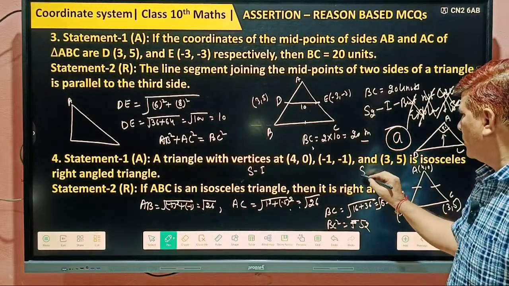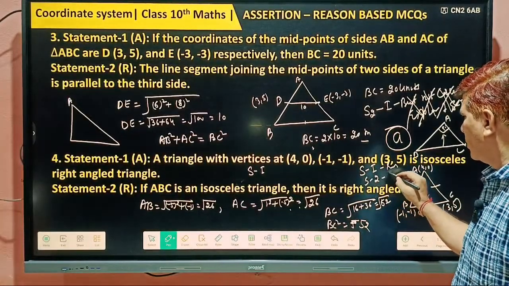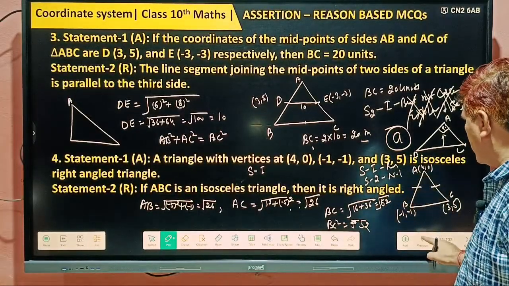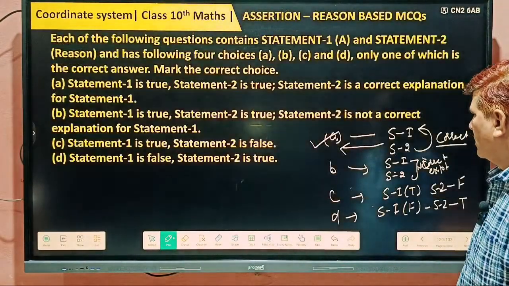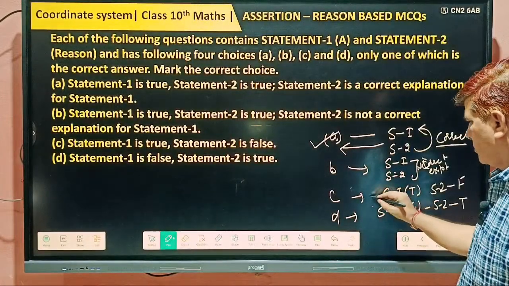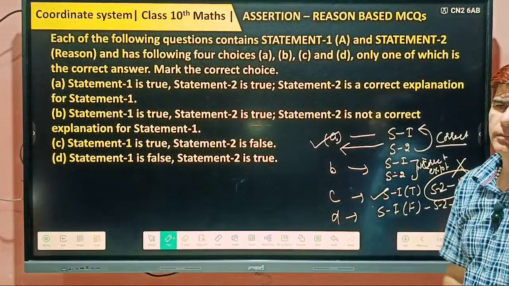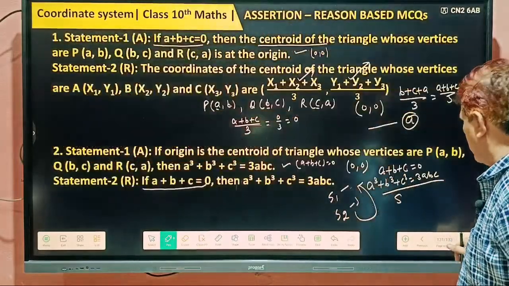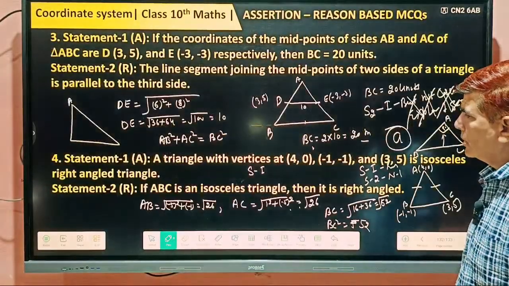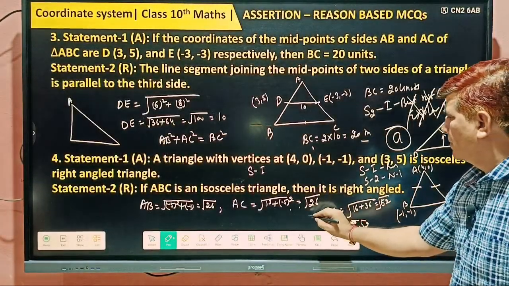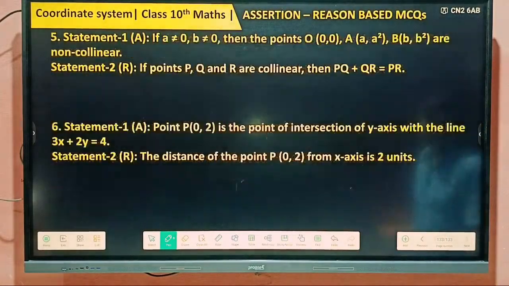So come here and check. I have written this. See, S1 is true, but S2 is false. So what's the answer of this question? C. Statement S1 is right, statement S2 is not right.